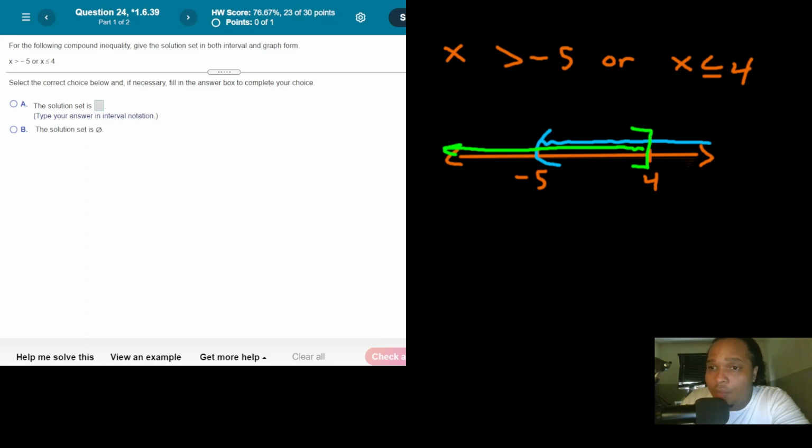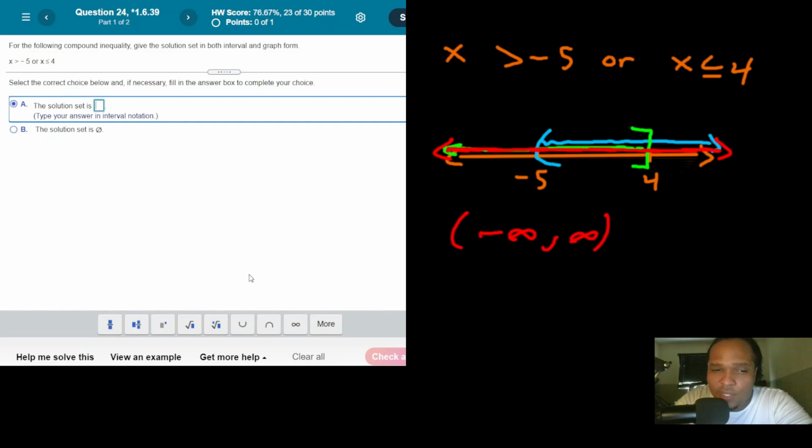This is an or problem, so wherever you have a shaded region, that's where you want to include your answer. So we have a shaded region everywhere, all the way from negative infinity all the way to positive infinity. Everything is shaded, everything has been touched. So this is negative infinity to positive infinity.